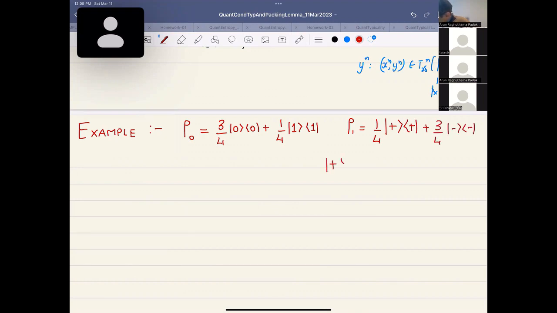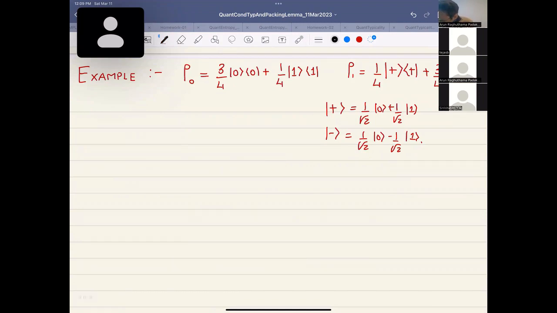Just recall, plus is essentially 1 by root 2 |0> plus 1 by root 2 |1>, and minus is 1 by root 2 |0> minus 1 by root 2 |1>.